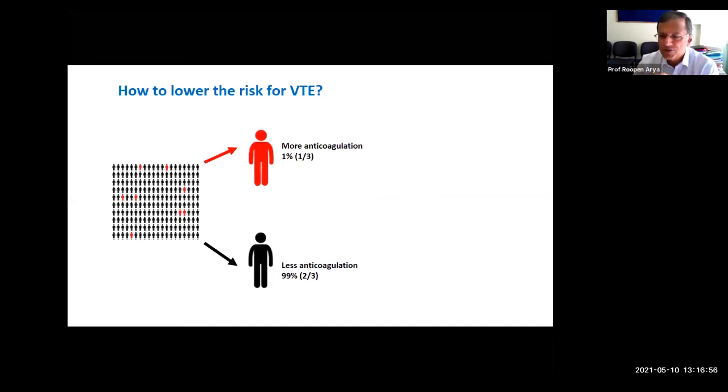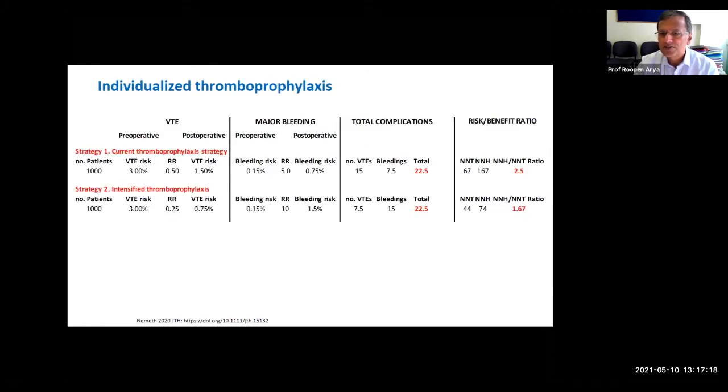If we manage to successfully identify the patients who might benefit from more anticoagulation, then there's a larger majority of patients in whom we can withhold thromboprophylaxis or provide less intense approaches such as aspirin. So just sharing with you modeling of this risk.